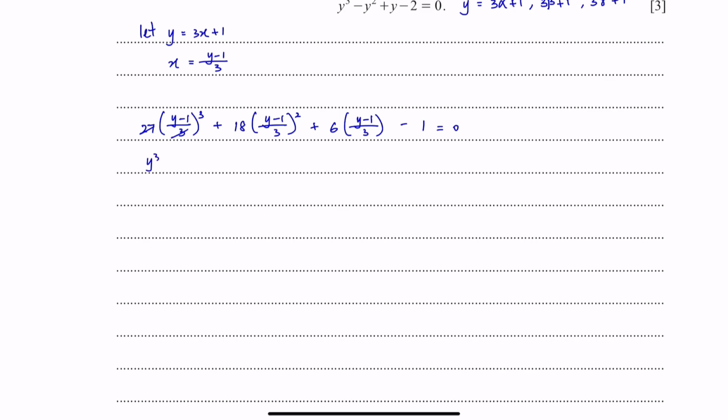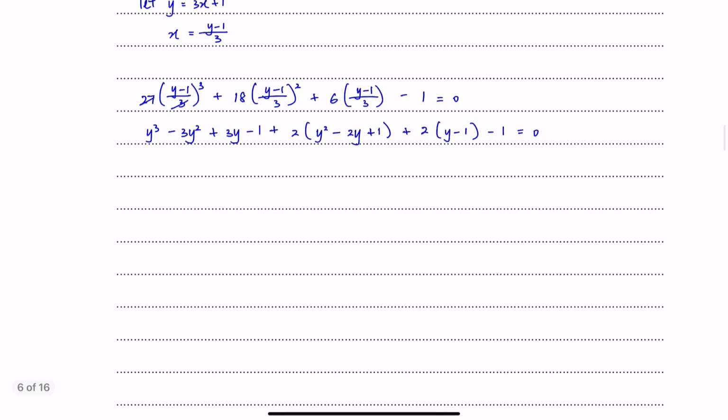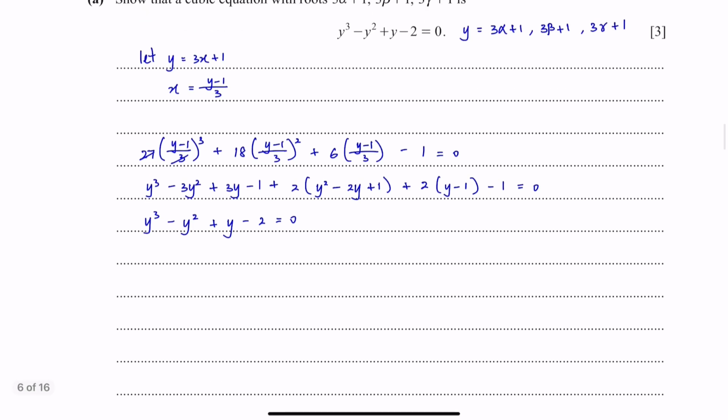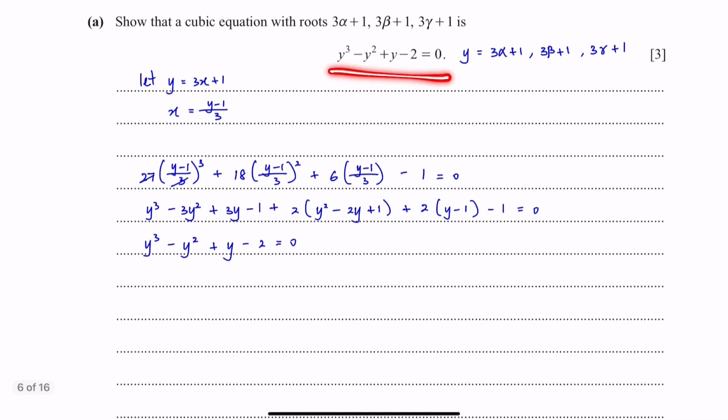So it's just y cubed minus 3y squared plus 3y minus 1. And 3 squared is 9, so you get 2 times y squared minus 2y plus 1. And 2y minus 1 minus 1 equals 0. Now you simplify it, you will get y cubed minus y squared plus y minus 2 equals 0. And this is what is given here.